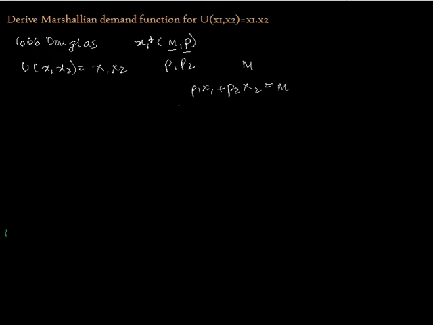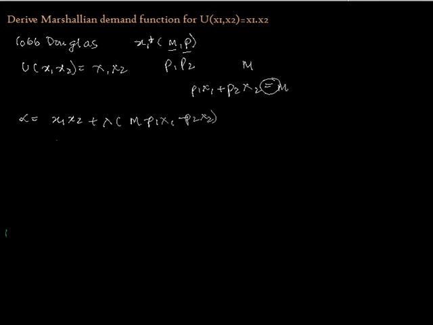We are assuming that all income is spent, and hence it holds with equality. Now, to find the Marshallian demand functions, we'll set up a Lagrangian. Our objective function is x1 x2 plus lambda times (m minus p1 x1 minus p2 x2).